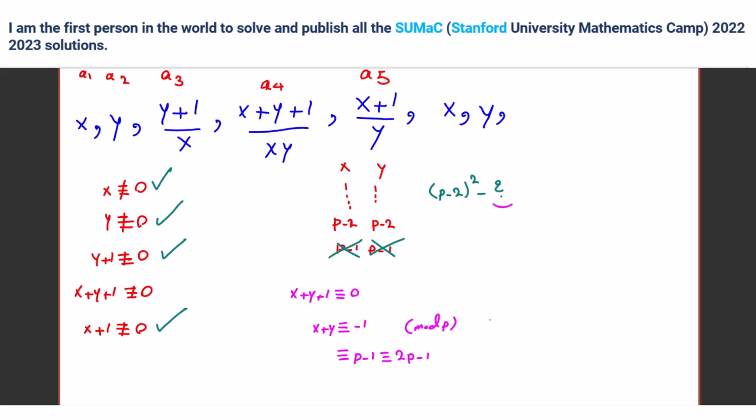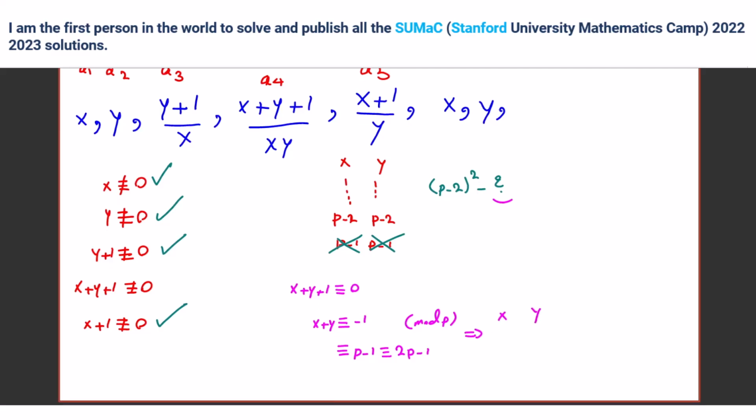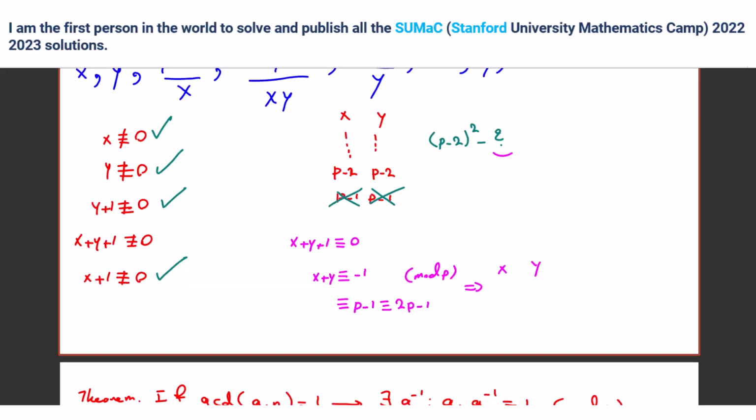Yes, sir. Can you tell me what the bad cases are, x what, y what, to reach p minus 1 in terms of p, right, sir? Exactly. So x plus y is congruent to p minus 1.